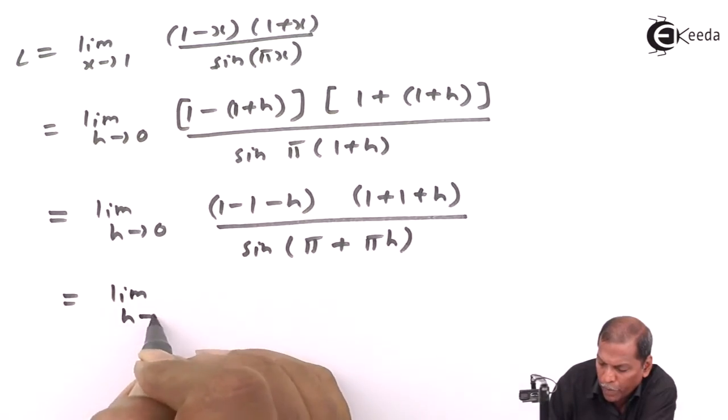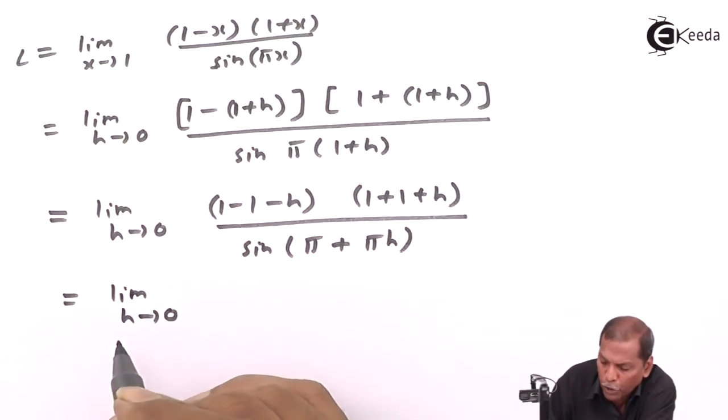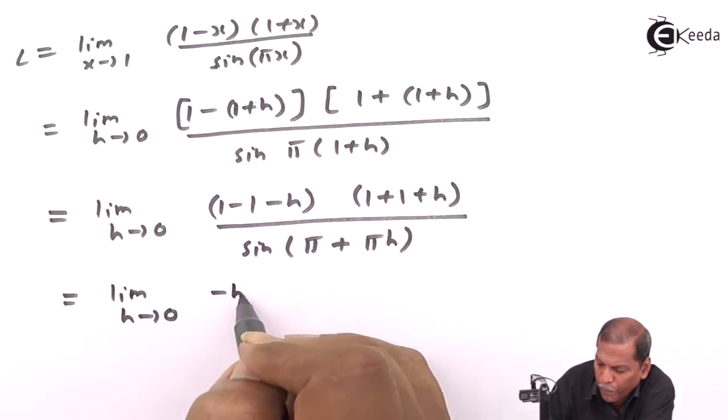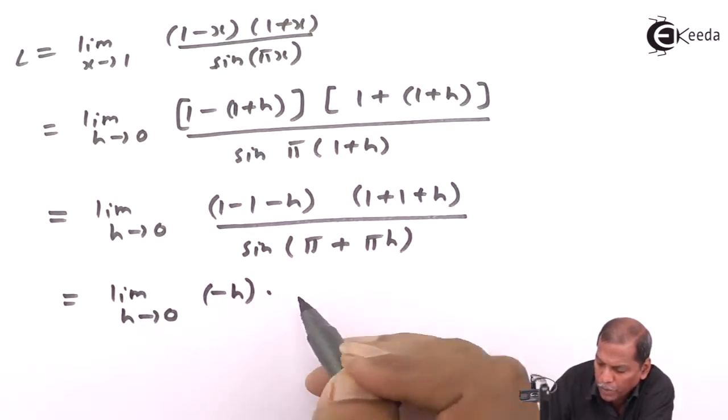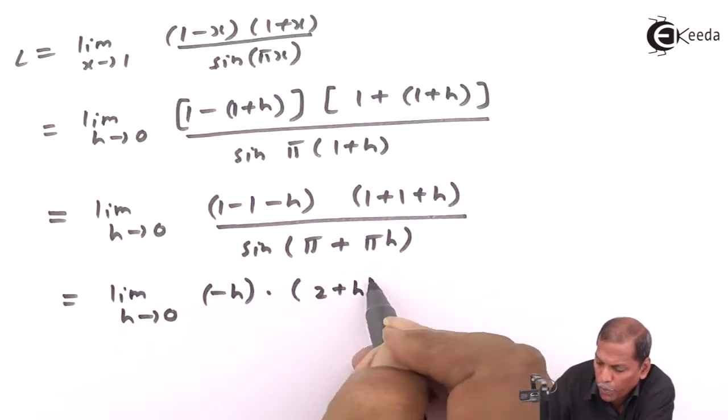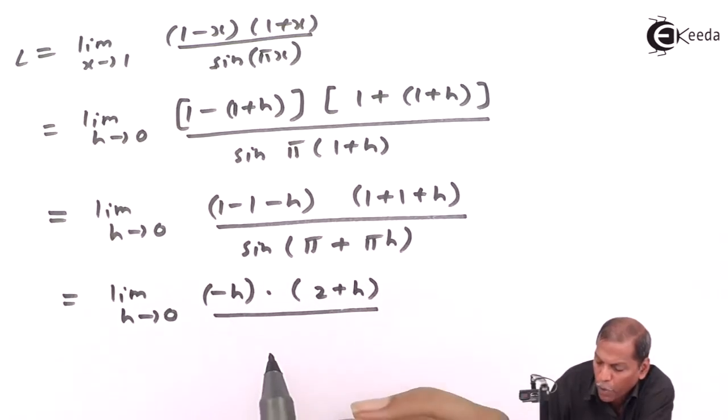So the next step will be the limit as h tends to 0. In the first bracket plus 1 minus 1 cancel, so we are left with minus h. Now in the second bracket 1 plus 1 gives 2, plus h we write as it is.